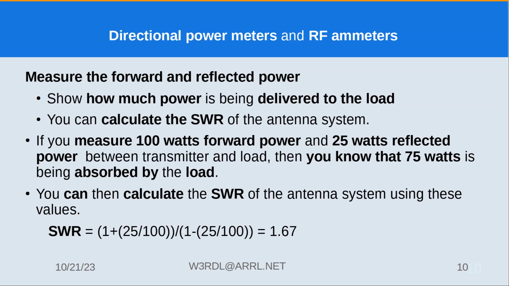So you can calculate the SWR if you know the forward and reflected power. Last week, I think we talked about the gamma, the funny gamma sign, which is the reflection coefficient, the ratio of reflected to forward power.